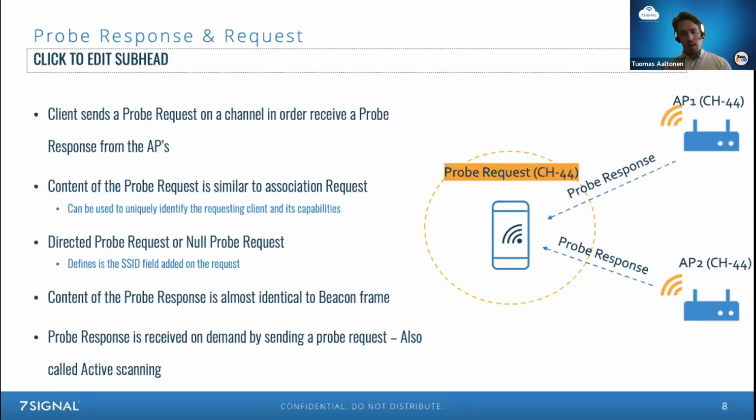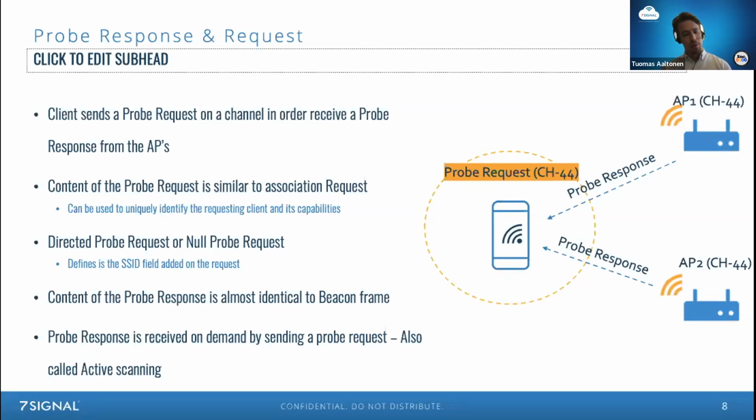And it's good to be aware that there are two different types of probes. There's directed probe request and null probe request. And that's where the difference is whether the SSID field is defined in the probe request.